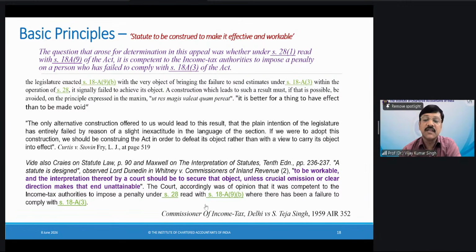So this is how the court looked into it, and they said that it was competent to the income tax authority to impose a penalty under Section 28 if there has been a failure of compliance under Section 18A(3). So this is the case of Commissioner of Income Tax versus Teja Singh, 1959. So the principle is that you always try to make the statute workable rather than just discarding it.